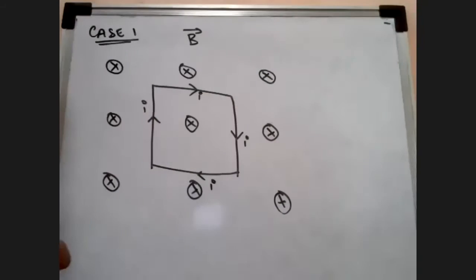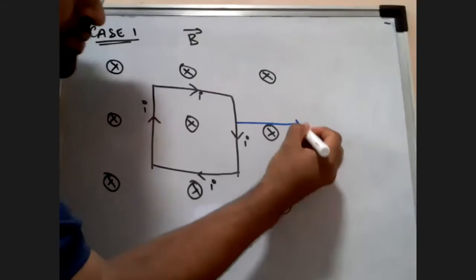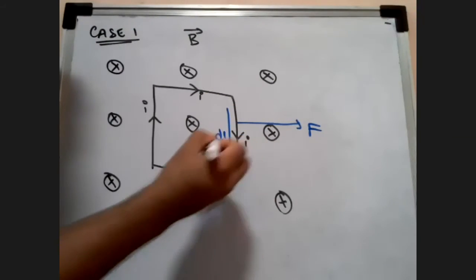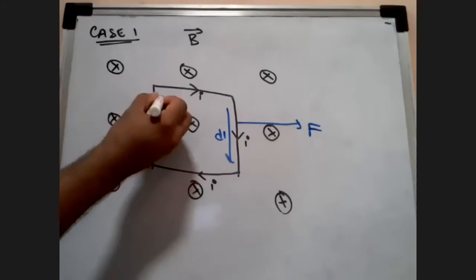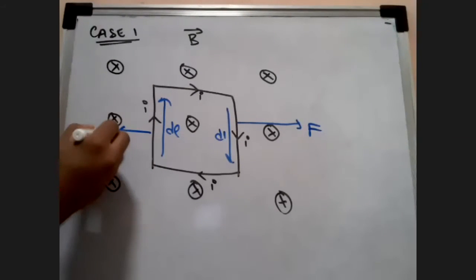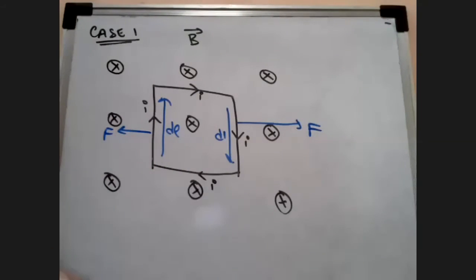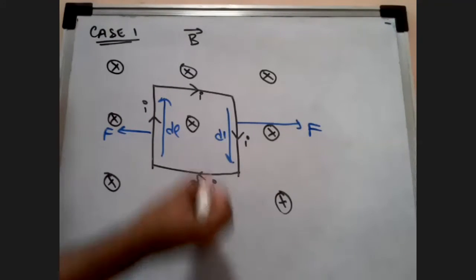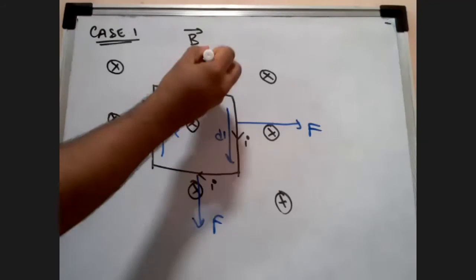Right hand rule, right side you will get force, because this is dl. For this over here, dl will be upward, so you can apply dl cross B. Your force is over here now. Similarly, for this, if you apply dl cross B, you will get the force downwards too. And for this also, you will get a force upwards.